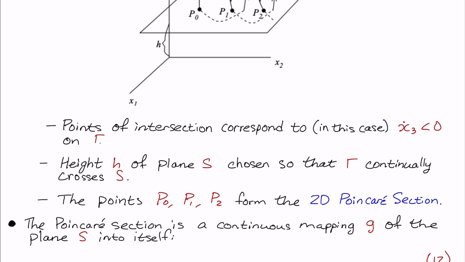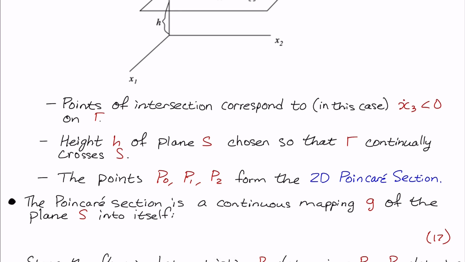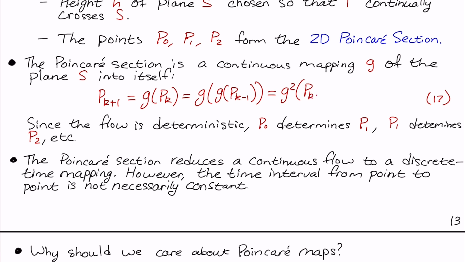And the Poincare section itself is a continuous mapping, let's say some function g, of the plane S into itself, such that we have a point P k plus 1 equal to g applied to P k, which is equal to g applied to P k minus 1, or following our notation for maps, we can write this as g squared applied to P k minus 1, and then we could extend this expansion all the way down to P0, the very first condition of our map.